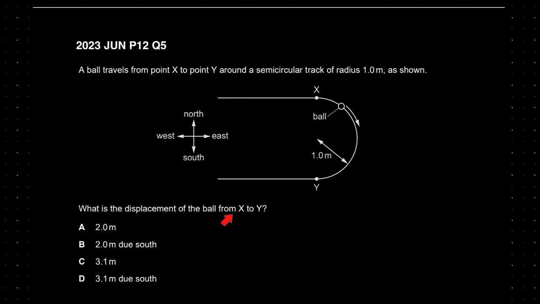So from X to Y is this, right? So it's 2 meters because the radius is 1, so this is really 1 and 1. So it's 2 meters due south. Because this is a vector quantity, technically you should be giving the direction with this.